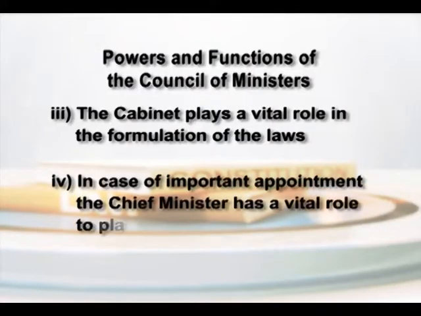Fourthly, the Council of Ministers is actually run by the Chief Minister, and he recommends the names of his ministers to the governor. Similarly, with other appointments too, the Chief Minister has a vital role to play.